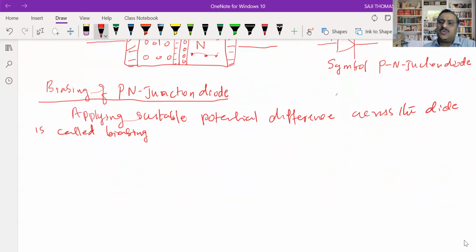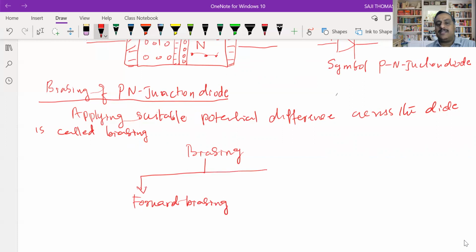Now children, there are two types of biasing. First type is called forward biasing. Second type is called reverse biasing.